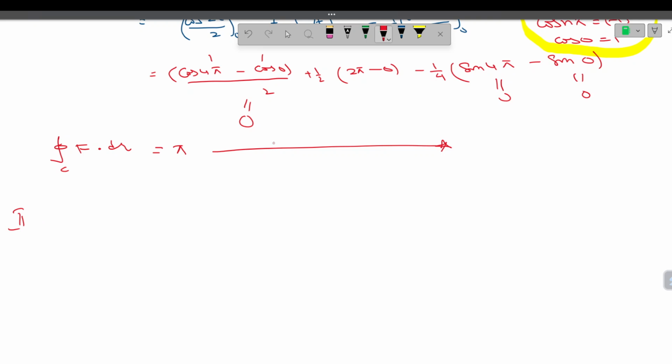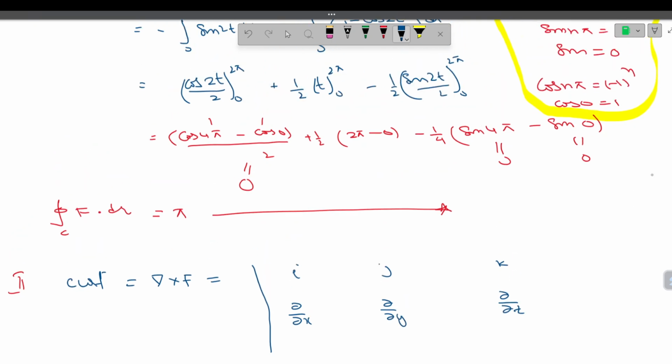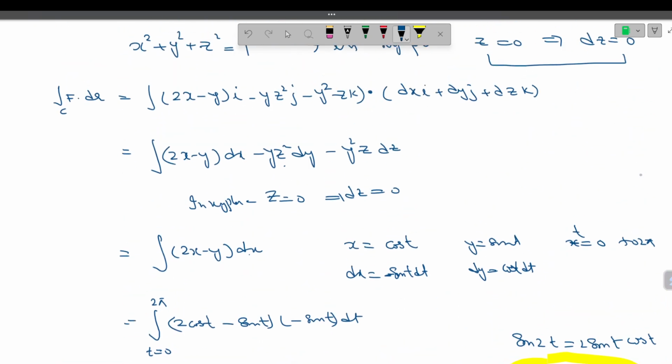The second part, curl f. First we will do curl f. Curl f means del cross f. What is del cross f? i, j, k, dou by dou x, dou by dou y, dou by dou z. What is our f?